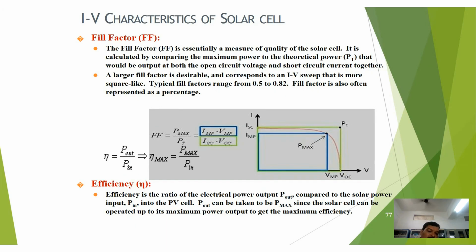The maximum power occurs when the current and voltage are at the maximum power point, that is Imp times Vmp divided by Isc into Voc. Efficiency is calculated as the ratio of electric power compared to the solar power input into the PV.